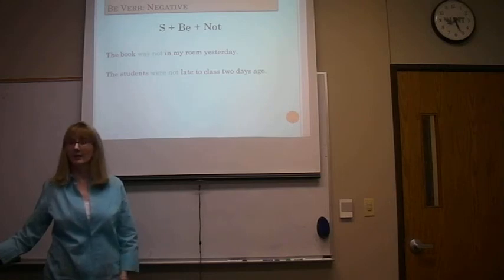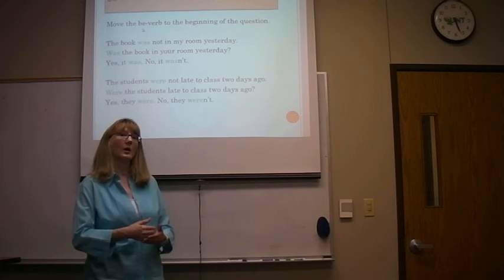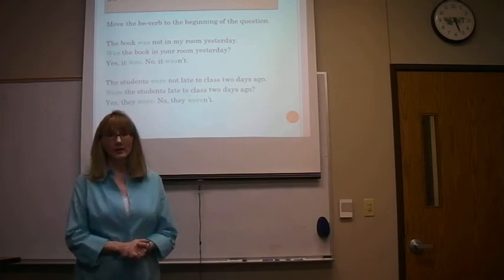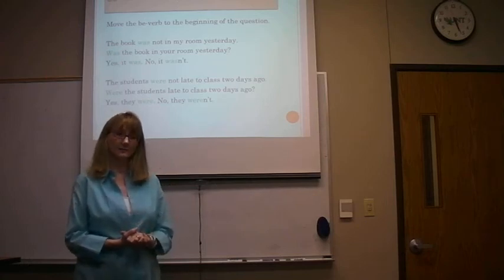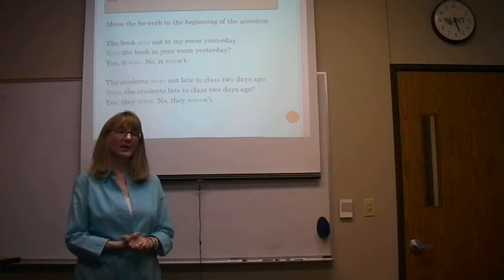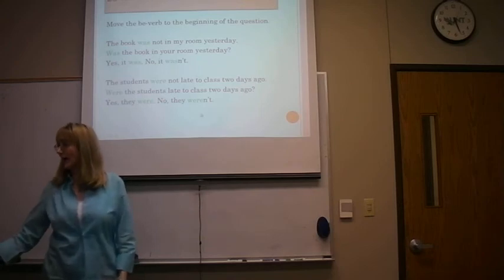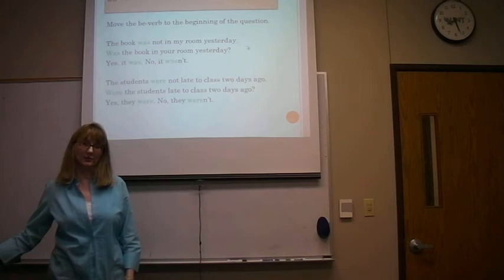Now, we're going to talk about how to write questions. First, yes-no questions. Remember, when you write a yes-no question, the easiest way to do this is first, write the sentence. Then, change the sentence to negative. For example, in the past one, we said the book was in my room yesterday.